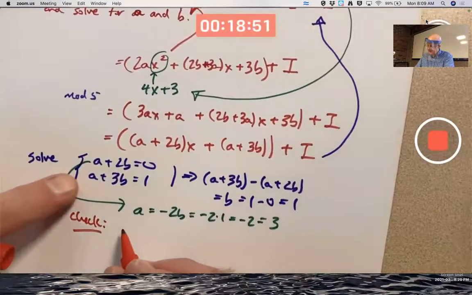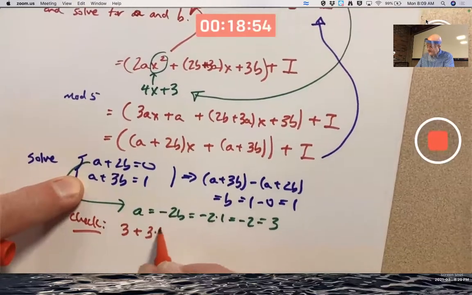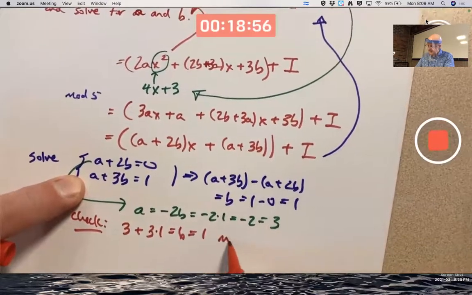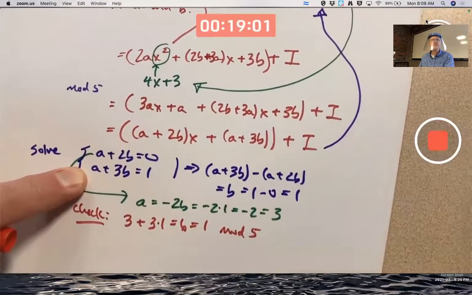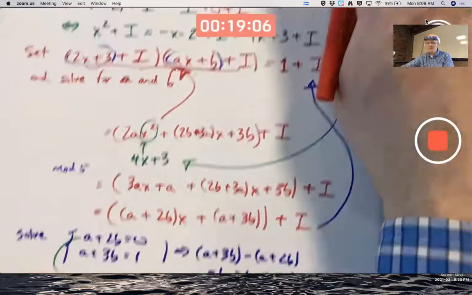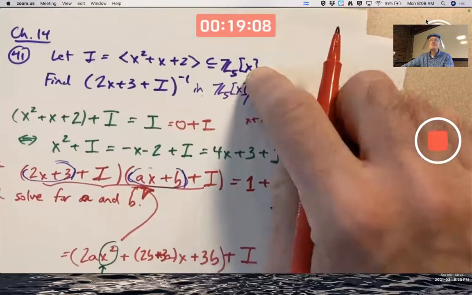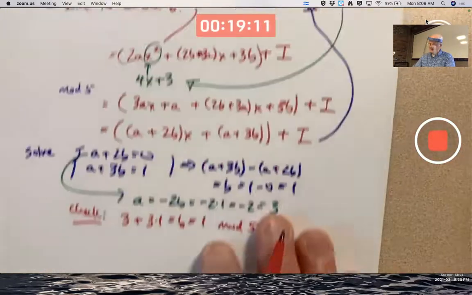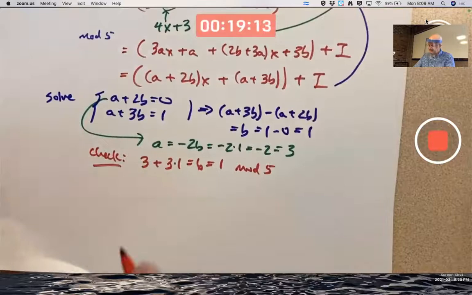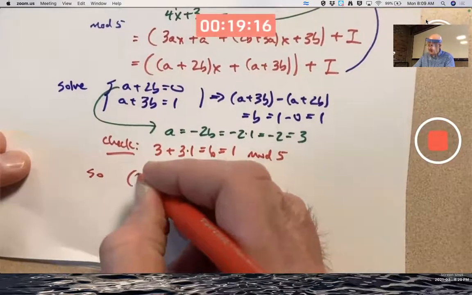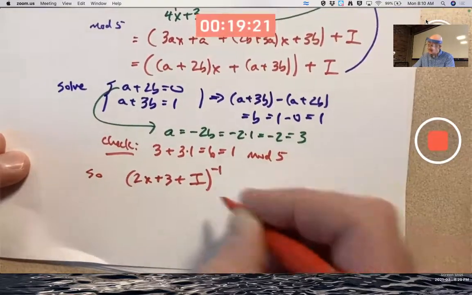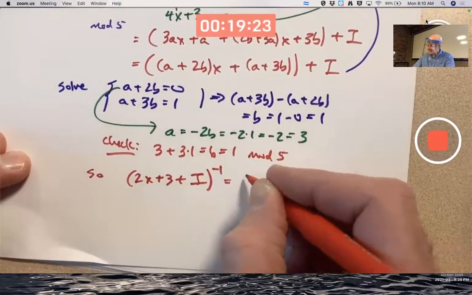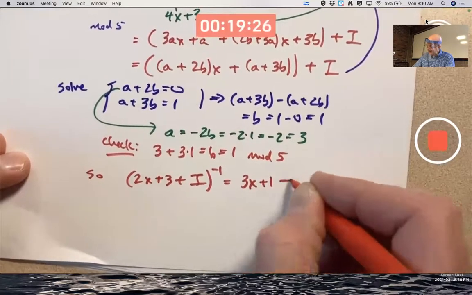If a is 3 and b is 1, yes, the second equation is satisfied as well, mod 5. Again, we're modding by 5 because we're thinking about going back to the original problem, Z5[x]. So it looks like the answer is that the multiplicative inverse of 2x plus 3 plus I, that coset, is 3x plus 1 plus I.